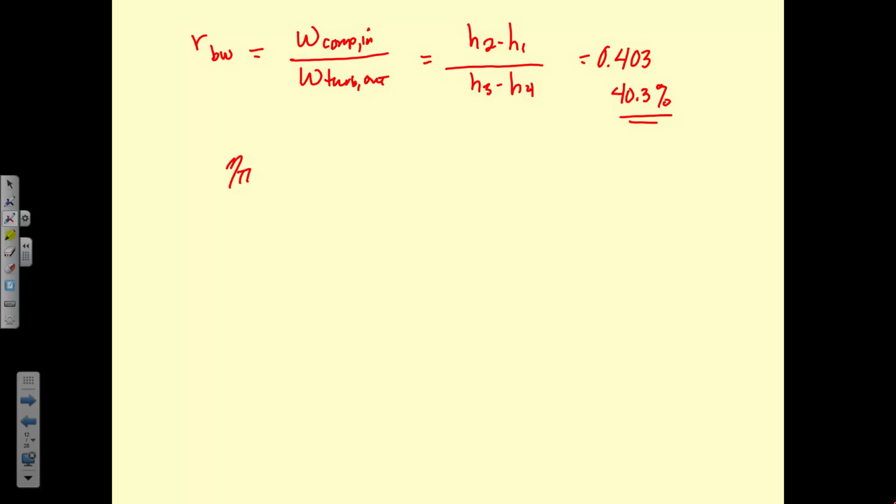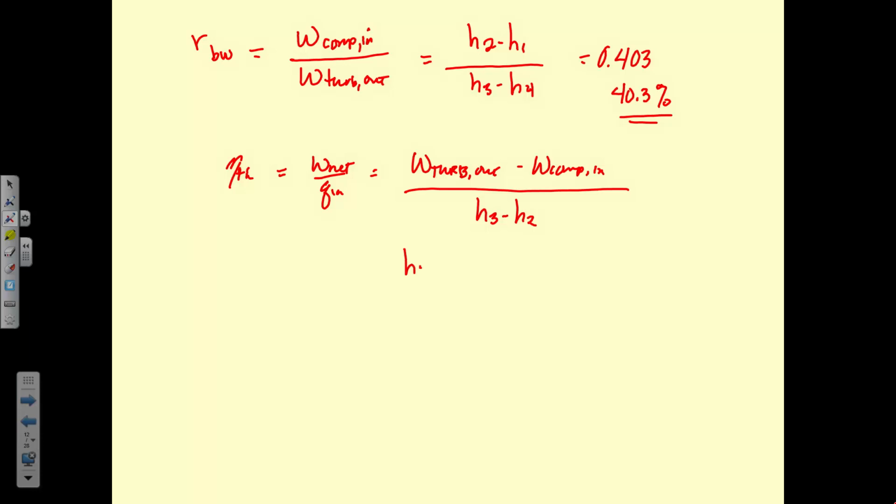And then our thermal efficiency is equal to work net over Q in. Work net is equal to the work of the turbine out minus the work of the compressor in, divided by Q in, and Q in is H3 minus H2.